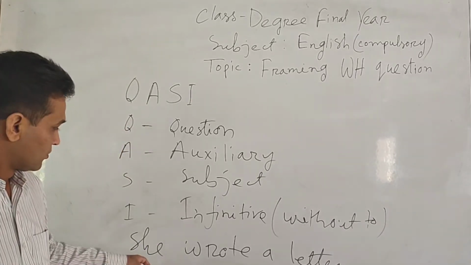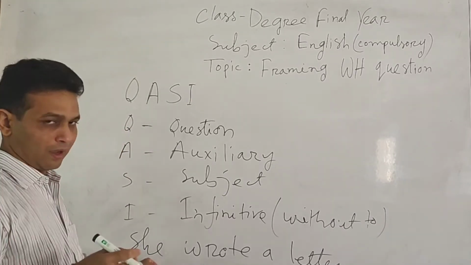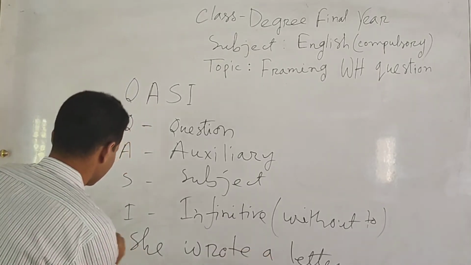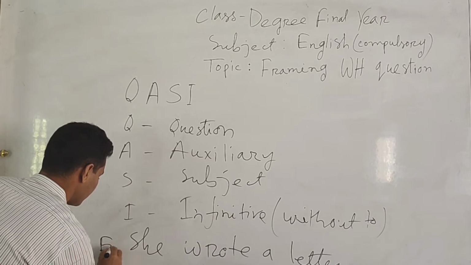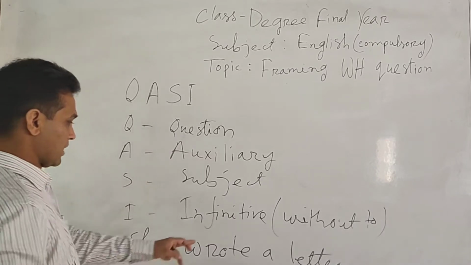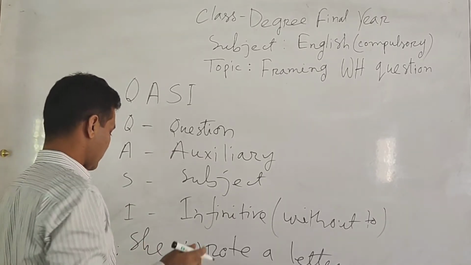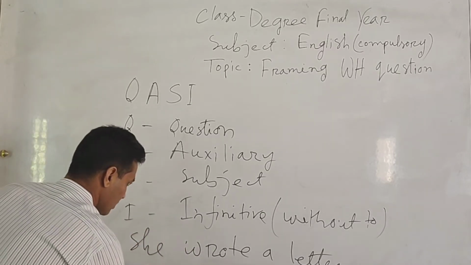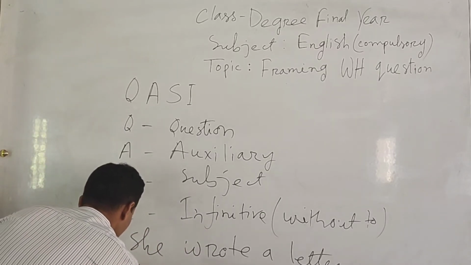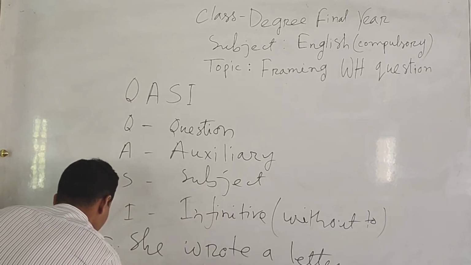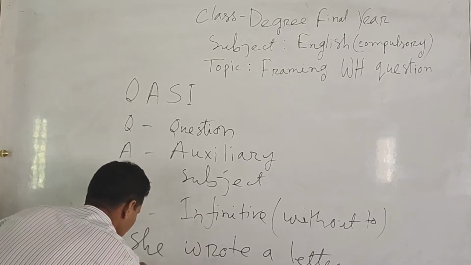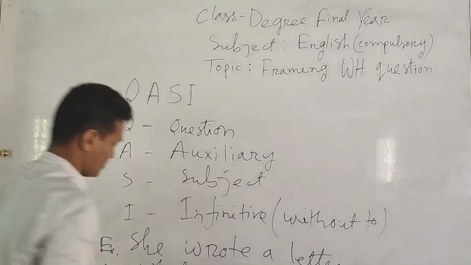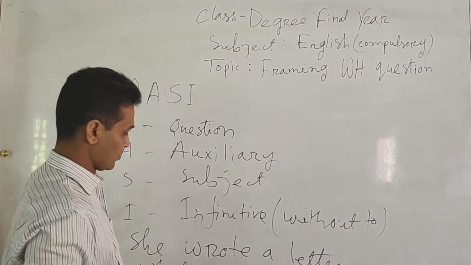If we form a WH question from this sentence, at first you have to add a WH word or question word. That means what. I can use here what, which is a WH word and question, of course.